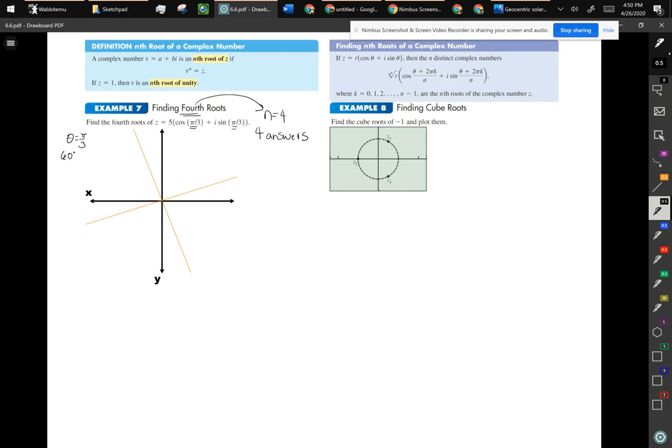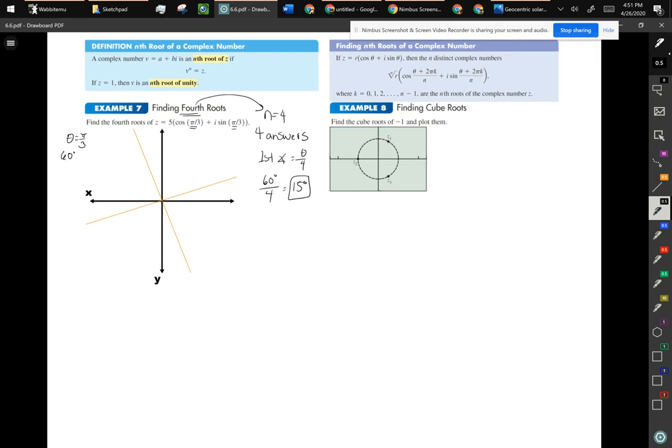So that means our first root, our first angle would be theta over 4, which means it's going to equal 15, right? So 60 over 4 is 15 degrees. That is our first angle.